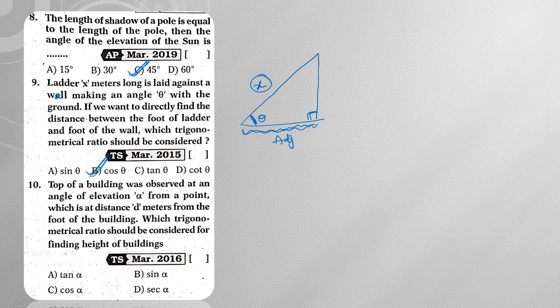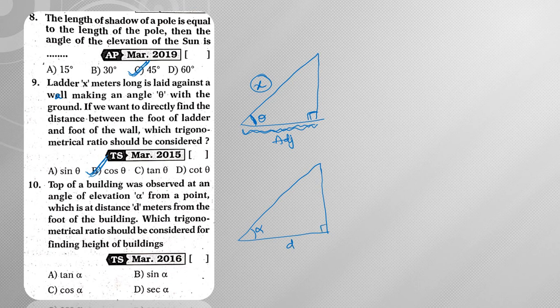Next, the top of a building was observed at an angle of elevation alpha from a point which is at a distance d meters from the foot of the building. Which trigonometrical ratio should be considered for finding the height of the building? The top of the building was observed at an angle of elevation of alpha, so this angle is alpha, from a point at distance d units from the foot of the building.